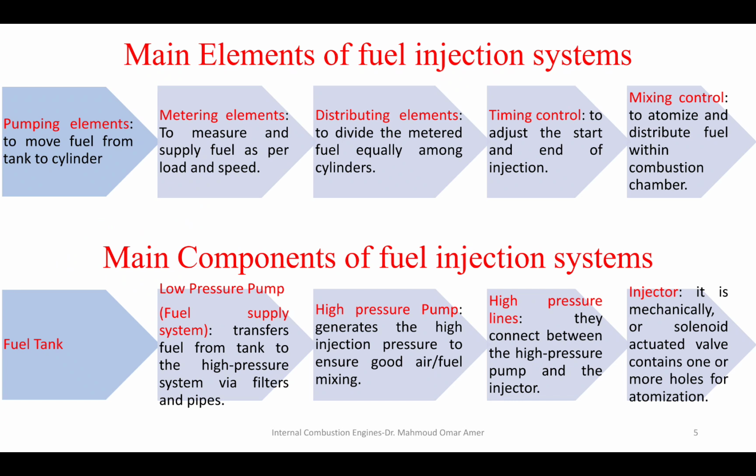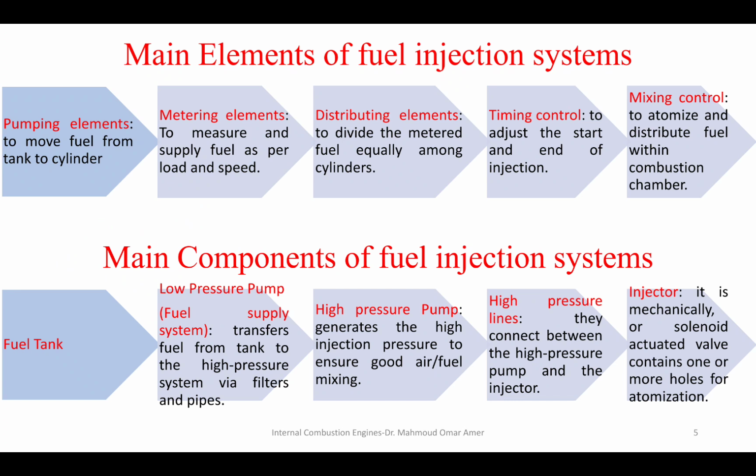We will need metering elements to measure the correct amount of fuel. We will need a distributing element to distribute the fuel effectively to each cylinder. We will need timing control to adjust the start and end of injection. And we will need a mixing control which will atomize the fuel and distribute it across the combustion chamber.